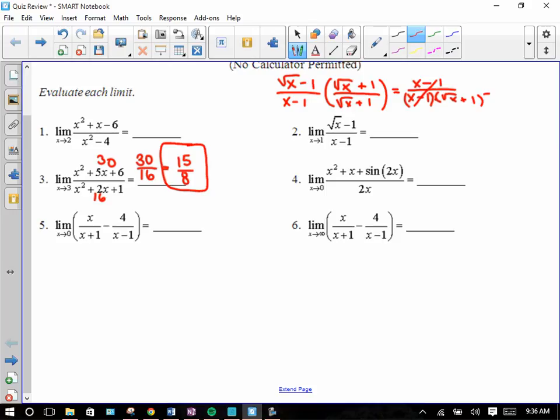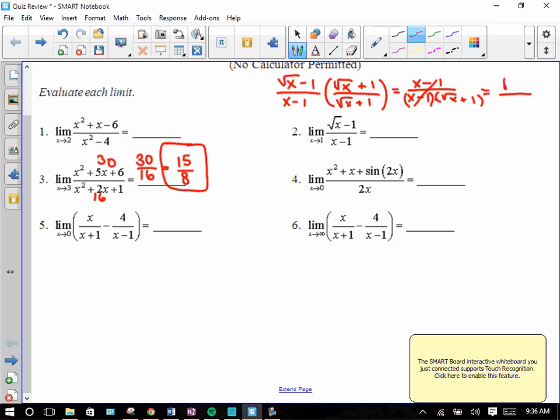So I'm left with 1 over the square root of x plus 1.